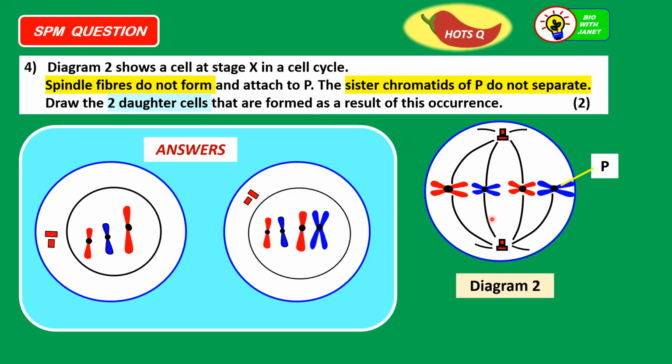Now let's imagine the daughter cell formed when the sister chromatids move to the lower pole here. Okay, so you will have 1 long red chromosome here, 1 short blue chromosome here. Actually, it's the sister chromatid, right, that moves to the pole, and each sister chromatid becomes a new chromosome.